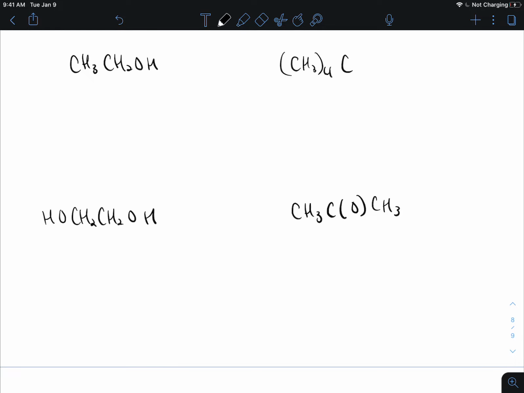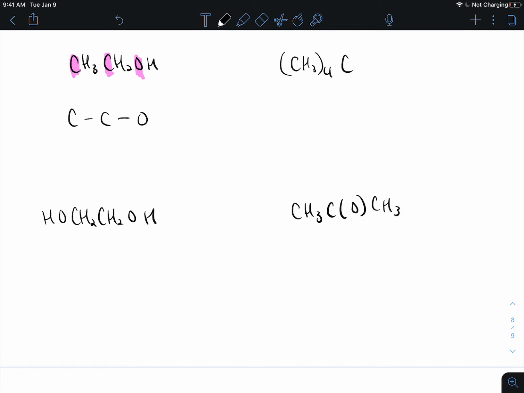So the hydrogens are always going to be peripheral atoms. So you're looking at the atoms that are actually here. So this carbon, this carbon, and this oxygen are going to be considered central atoms, and then the hydrogens are going to be kind of hanging around them. So the first carbon is attached to the second carbon is attached to the oxygen. So we would write it as carbon, carbon, oxygen.